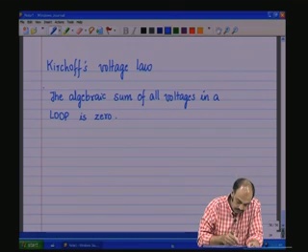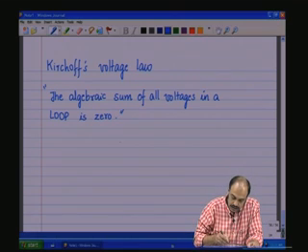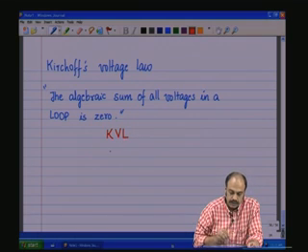This law is called the Kirchhoff's voltage law, or in short the KVL.